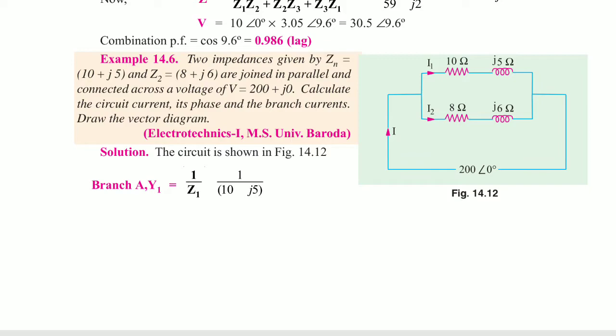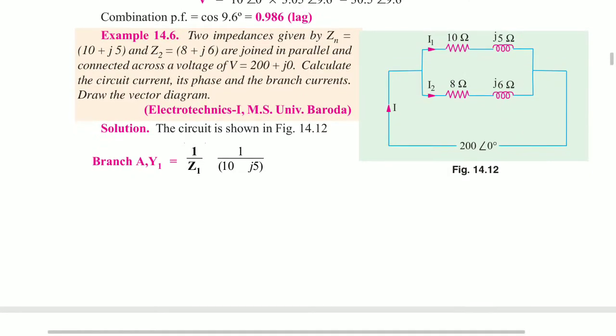Since they are in parallel, Y1 plus Y2 gives the total admittance. So in branch A, Y1 is equal to 1 by Z1, that is 1 by 10 plus J5.